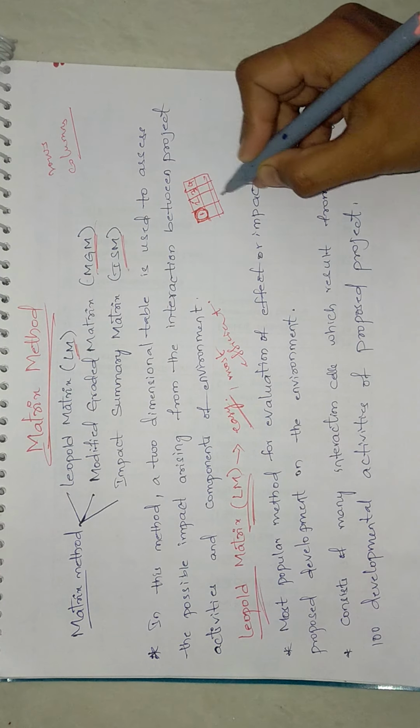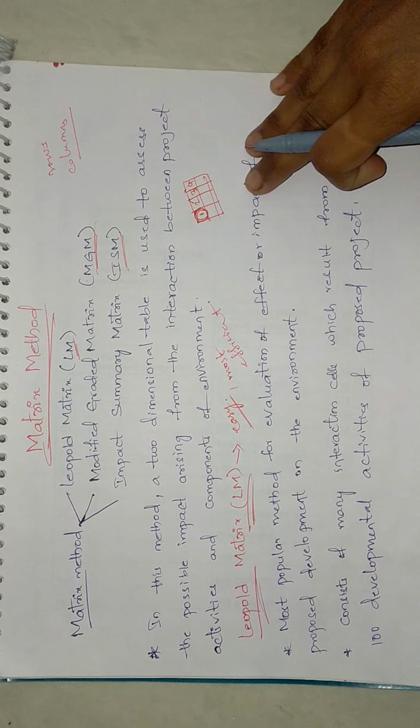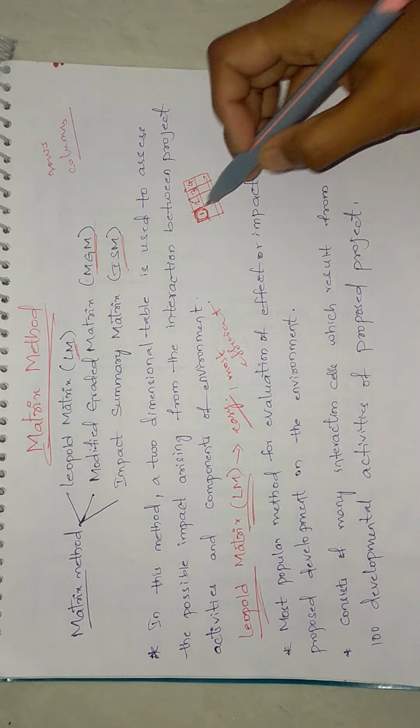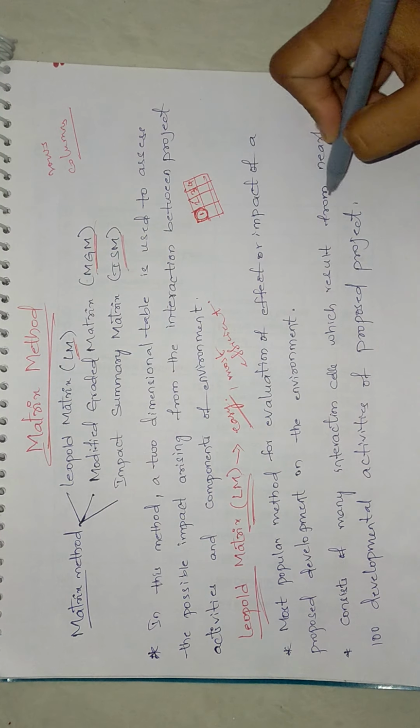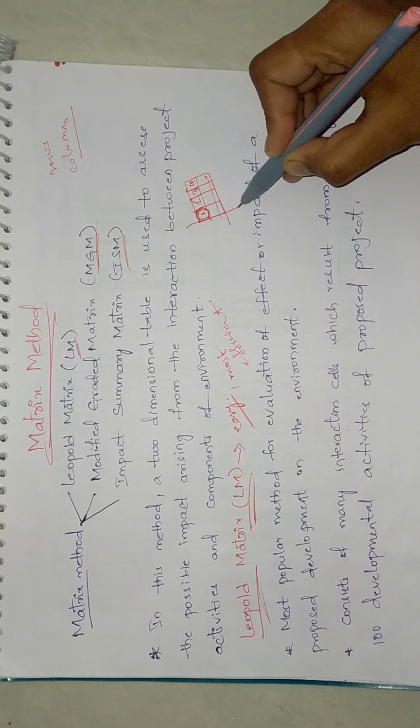We will have many interaction cells which will result from nearly 100 development activities. So each cell will represent some kind of activity. These are arranged on the horizontal x-axis and the vertical y-axis as well.